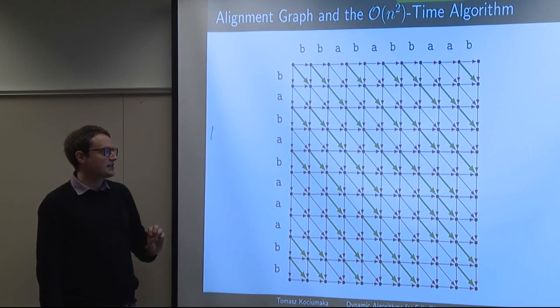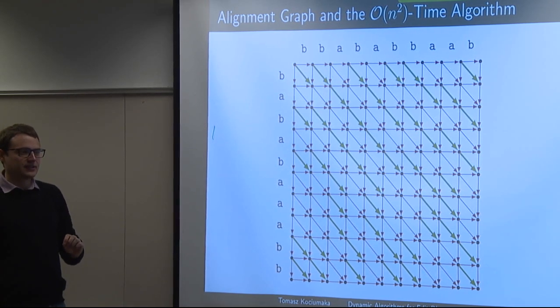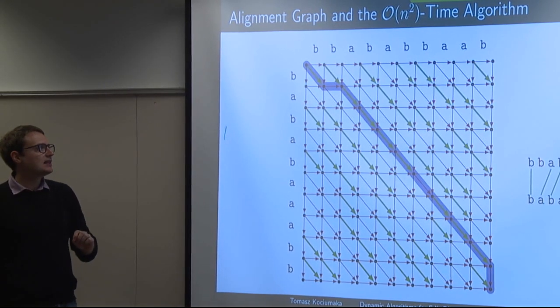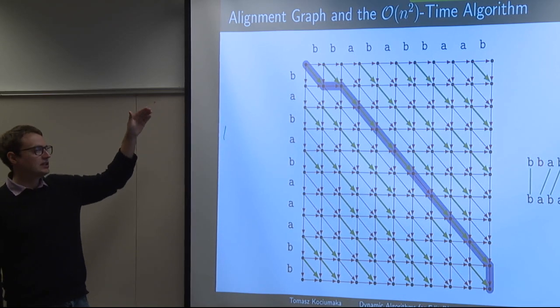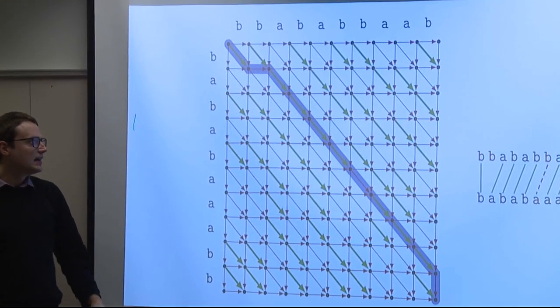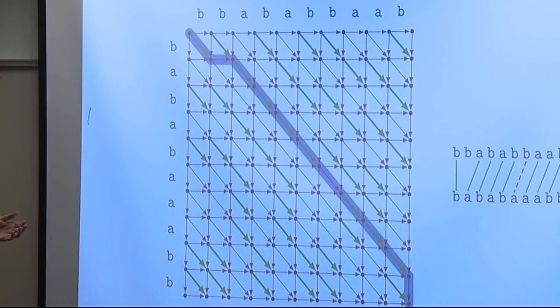So for every red edge in this graph, you need to pay 1. Every green edge is free. This costs 0. And now the edit distance can be interpreted as the shortest path distance between the top left corner in this graph and the bottom right corner. And this shortest path can also be interpreted as an alignment between the two strings.